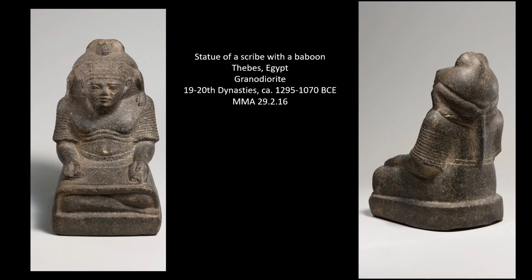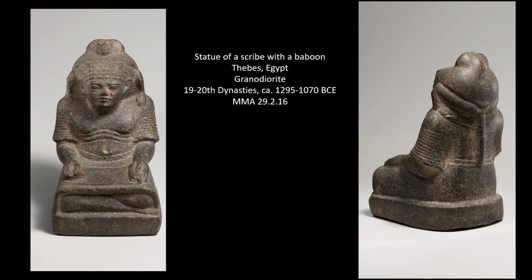Yves Alon, who's a curator at the Metropolitan Museum of Art, studied one of these, a New Kingdom statue of a scribe from their collection, believing that it provides insight into some of the considerations taken into account when visualizing and representing Thoth.